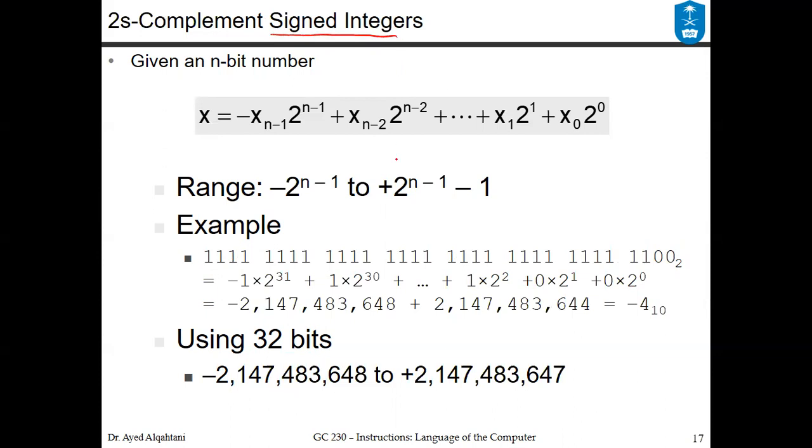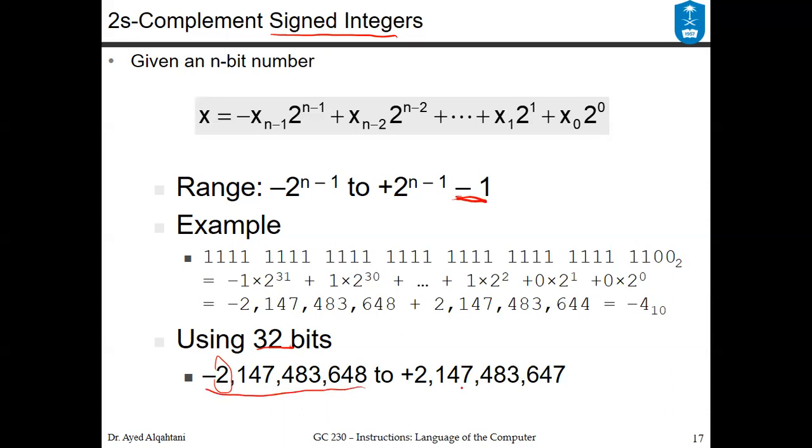Now we have positive and negative, and the range that we have is from minus 2 to the power of n minus 1 to plus 2 to the power of n minus 1, and you subtract 1 from the positive side. So if you use 32, now you have from minus 2 billion, this is the least possible value in the negative side.